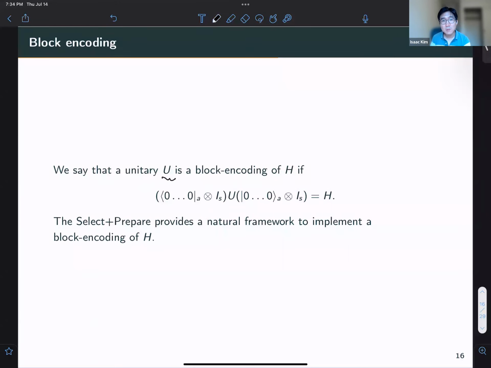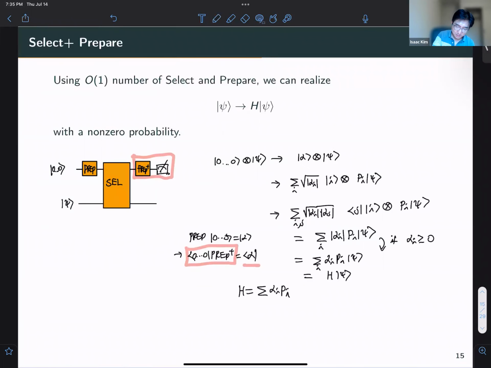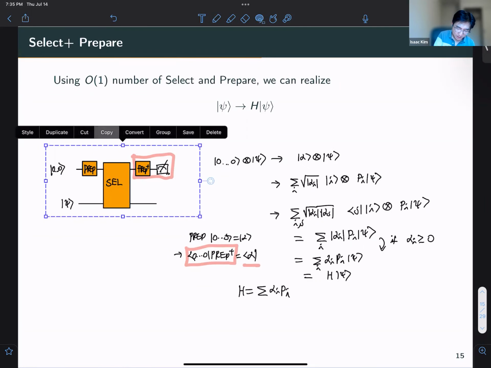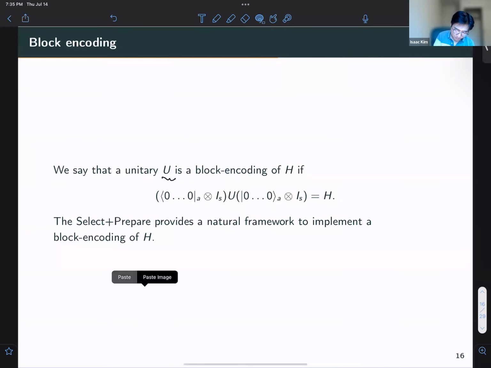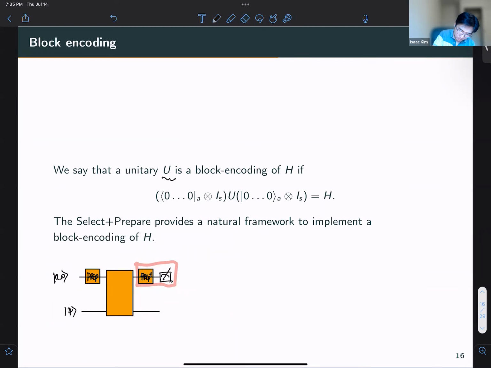So it's easier to actually just draw this. Remember that in the previous slide we had this. What we're really doing was the following.